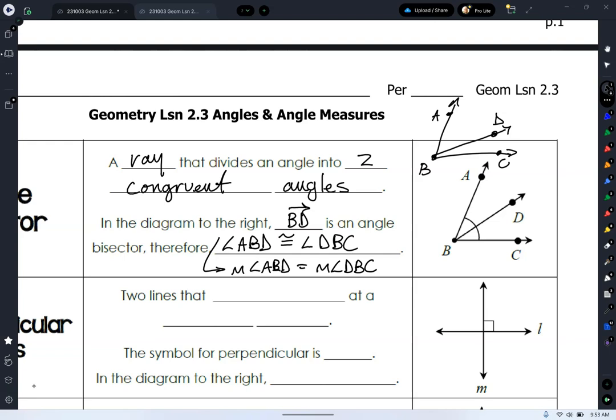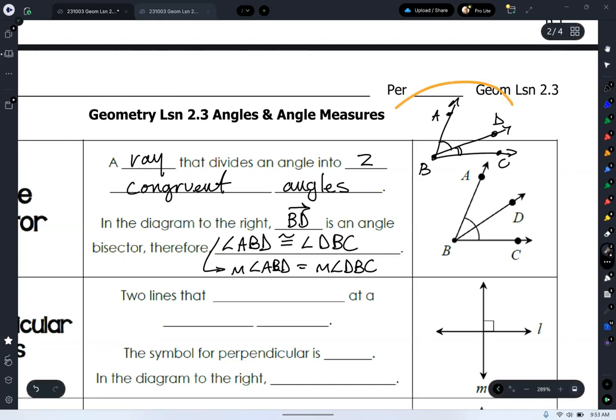But if I were to mark this with one single arc, the way that I would indicate that is I would put one arc here, and then I would put two arcs here to tell you that those two angles are not congruent. Just like on a line segment, I would put one hash mark and two hash marks to tell you that those line segments are not congruent. That's yet another way of indicating that.